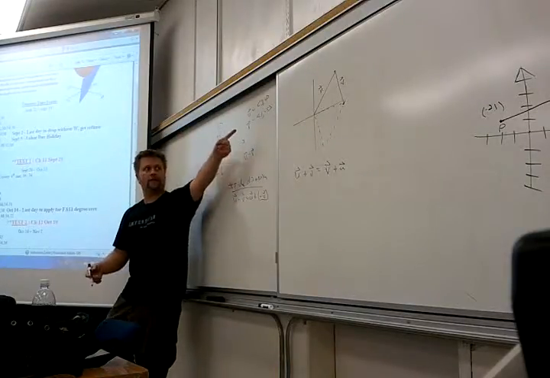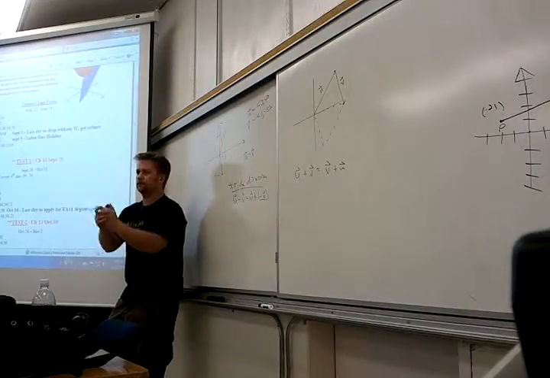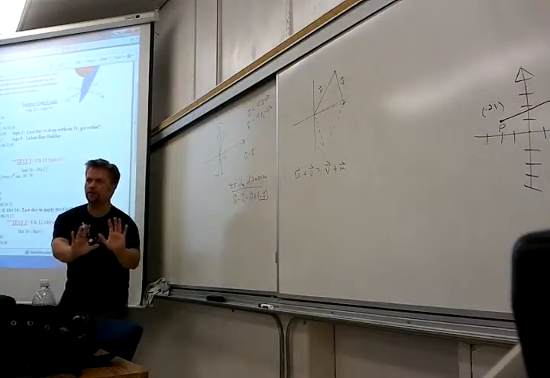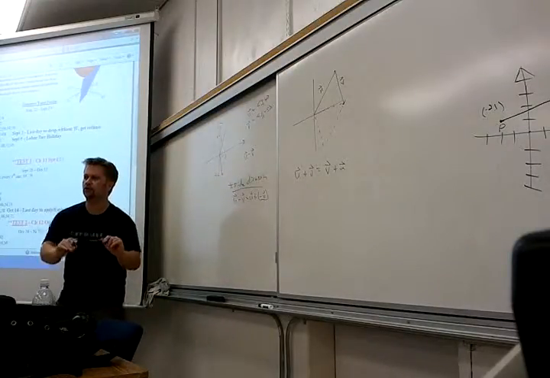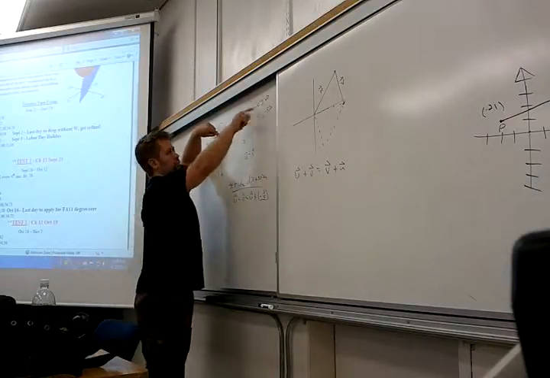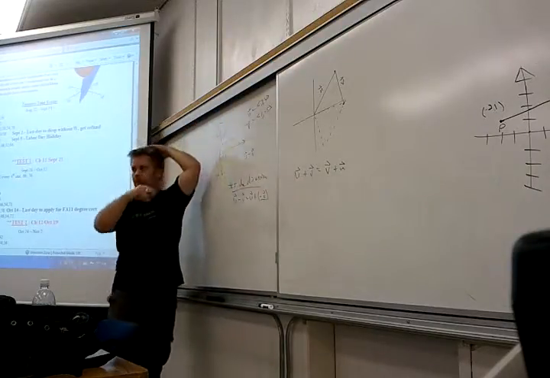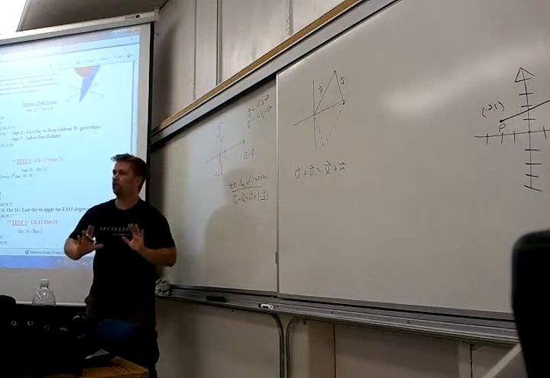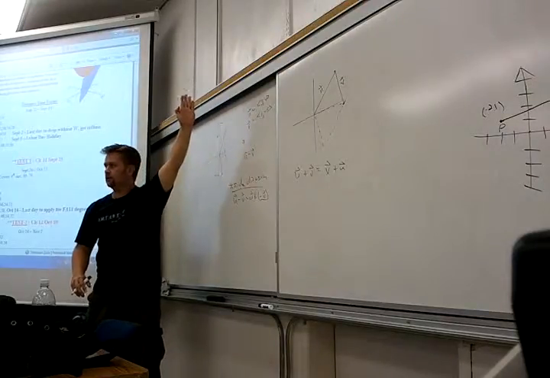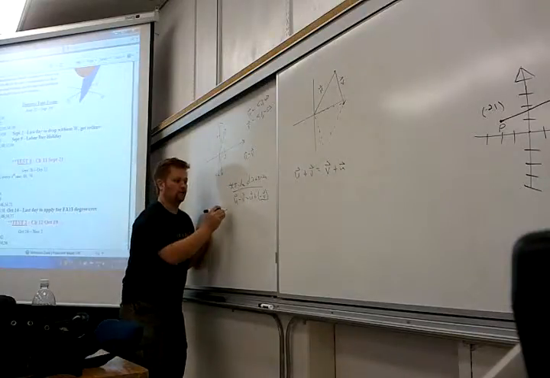What do you think negative v would be? Thank God that's what it is, right? It's exactly like this. If I'm pushing on something, and it's not moving, and I push on it with twice as much force, so if my u was (3, 4), now it's going to be (6, 8). Of course, because if I'm applying twice as much force, I'm applying twice as much in this direction and twice as much in that direction. Twice as much total, right? So it does exactly what I want it to do.